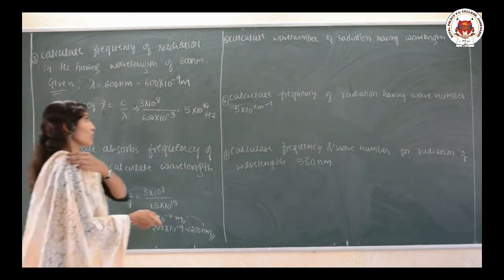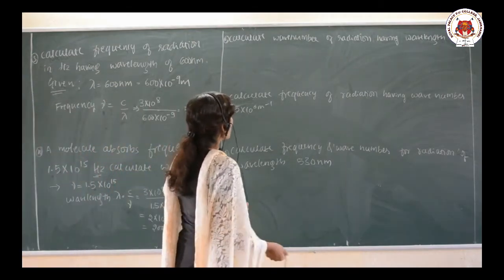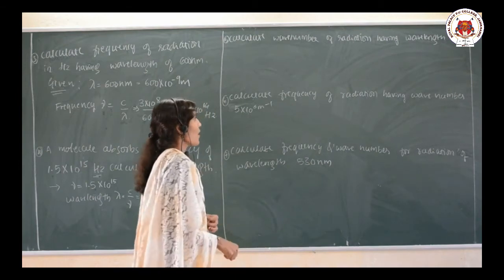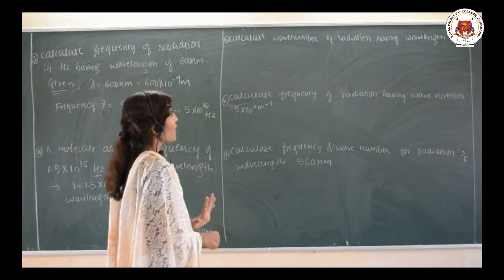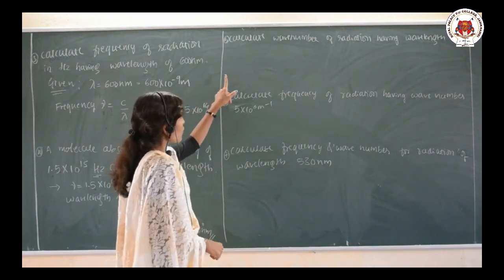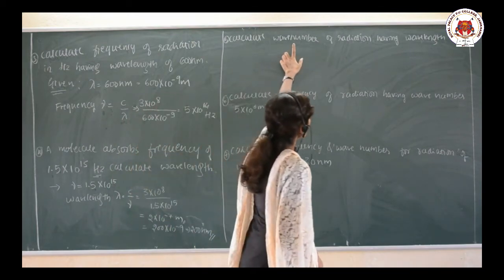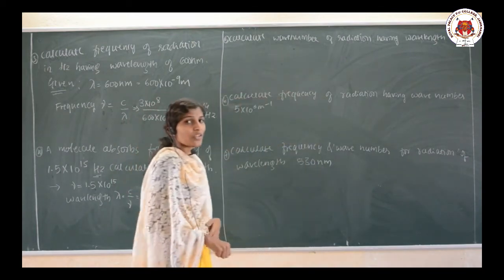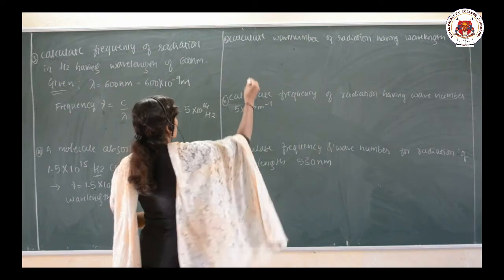So, next: calculate the wave number of the radiation having the wavelength 500 nanometer. Here the question is we need to find the wave number. So, what is given?